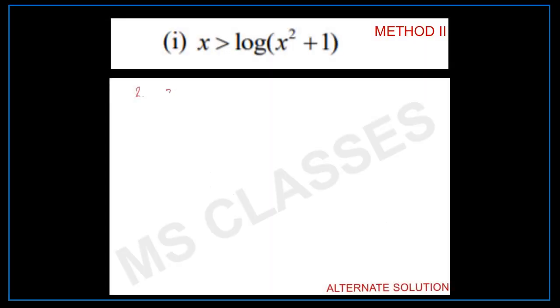It is given x greater than 0. First part: show that x is greater than ln of x square plus 1. Now here, for this type of case, what we do is consider a function first, let f(x) equal to x minus ln of x square plus 1. Now, this is a polynomial function of degree 1, that is a linear function. This is a logarithmic function. The difference should be a differentiable function.